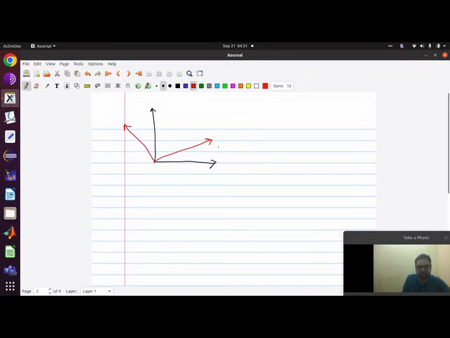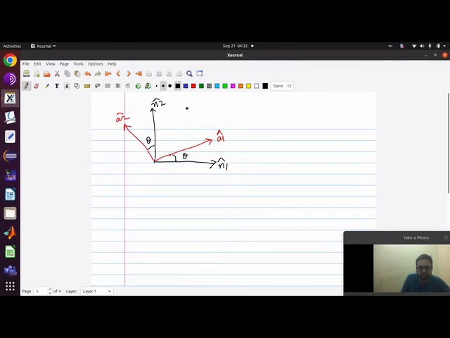Instead of x and y, let us say this is A1, A2, and then this is N1, N2, N1 cap, N2 cap. This is A1 cap, A2 cap. The angle is theta.